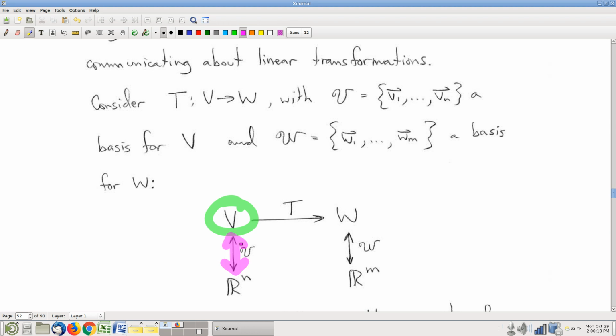And so I'm going to pick a basis that I'm going to call script V. But here's the thing. I'm also going to be dealing with vectors in this other vector space, W, the target, right? I mean, looking at this linear transformation, the vectors that come out are vectors of W. I would like to be able to represent them conveniently. So I have to pick another basis, script W, with respect to which to represent those vectors.